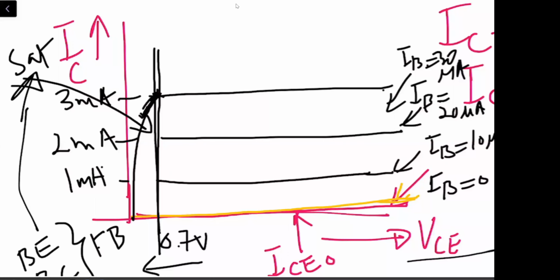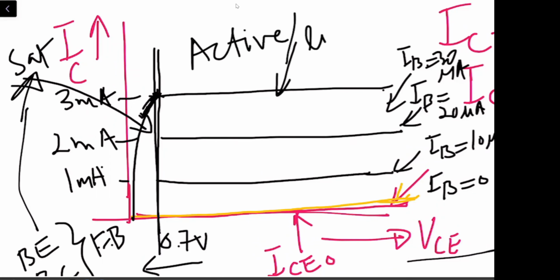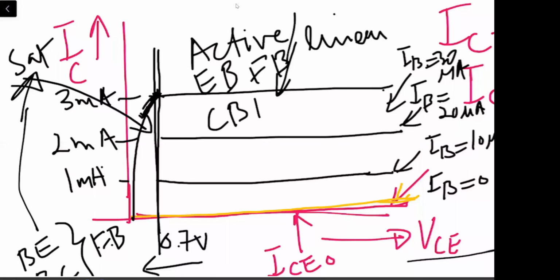Now this is our active or linear region, in which the emitter base junction is forward bias and the collector base junction is reverse bias, right?